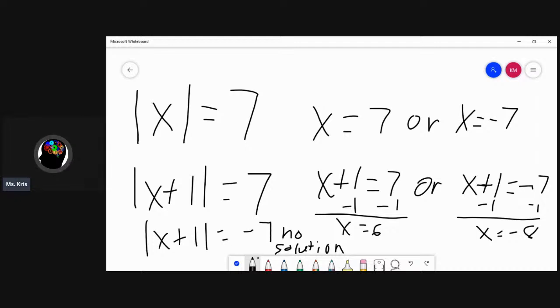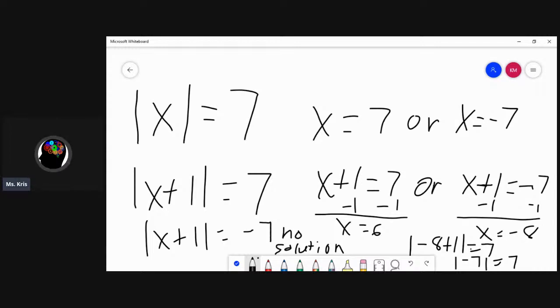And of course, when I plug both of these numbers in, whether it's negative or positive inside of the absolute value symbol, everything must come out positive. So even if I take the negative 8 and I add 1 to it inside of the absolute value, which will be negative 8 plus 1 equals negative 7, that gives me the absolute value of negative 7 equals 7.